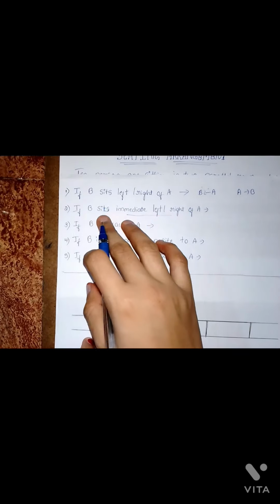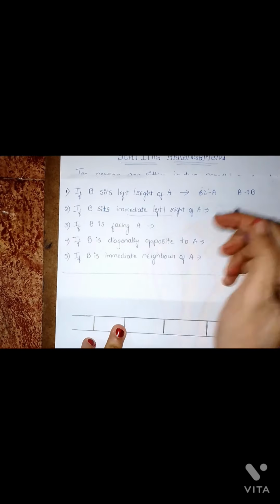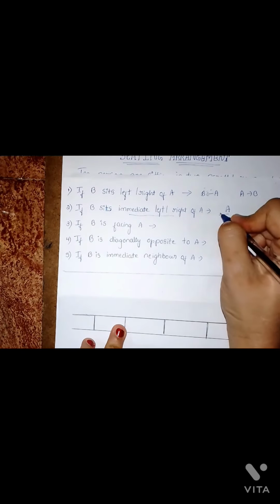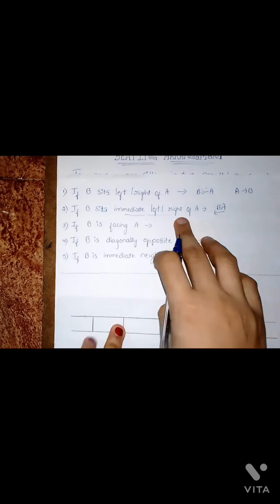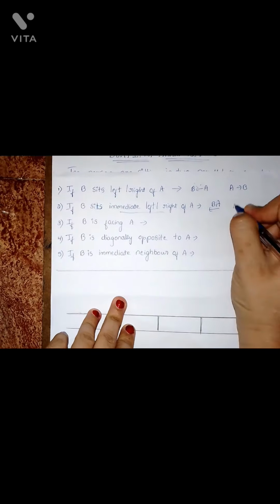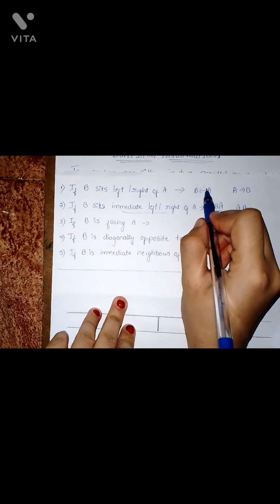We don't know what the statement is going to tell. But here they are given immediate left. That means if B sits immediate left of A, we have to represent it like this. If B sits immediate right of A, we have to represent it like this. You have to know the difference.